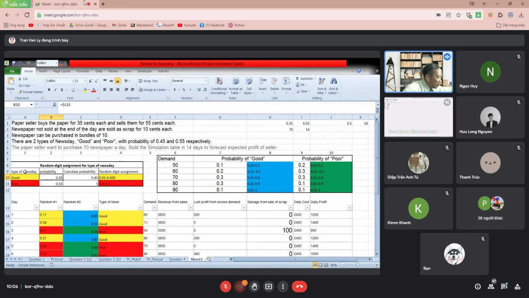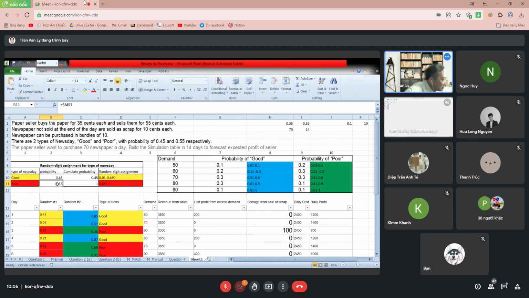45% poor here. So this random number we put here. In this table, we have type of new days, probability, cumulate until 1, and this is the most important. If it happens from over 0 to 0.45, it falls in this one, right? Are you following? Yes, teacher. It is in this range.